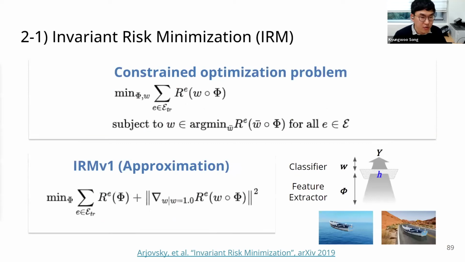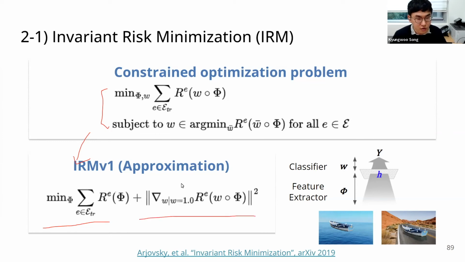The constraint problem requires a complex multi-level optimization problem. We can approximate the optimization problem as follows. The approximated IRM combines the traditional training loss and the gradient regularization loss.